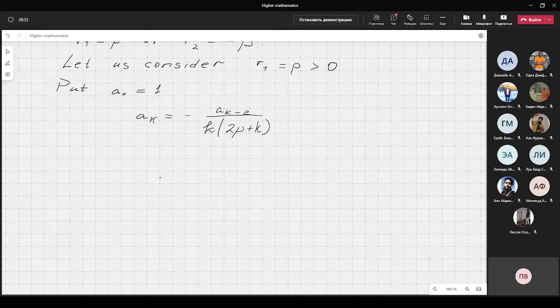Assigning various values to k, we find a1 is 0, a3 equals 0, and generally all odd a equal 0.